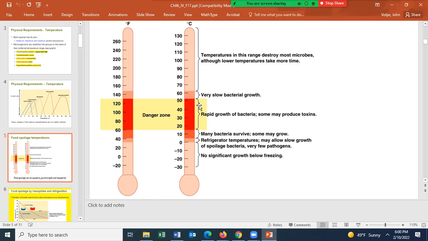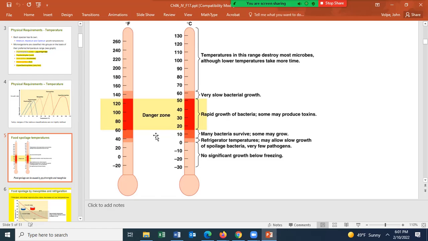This range is the danger range. Any food that is left out for more than 4 hours at this temperature should be thrown away, or refrigerated, because the bacteria can grow rapidly at these temperatures and then produce toxins which can spoil the food.